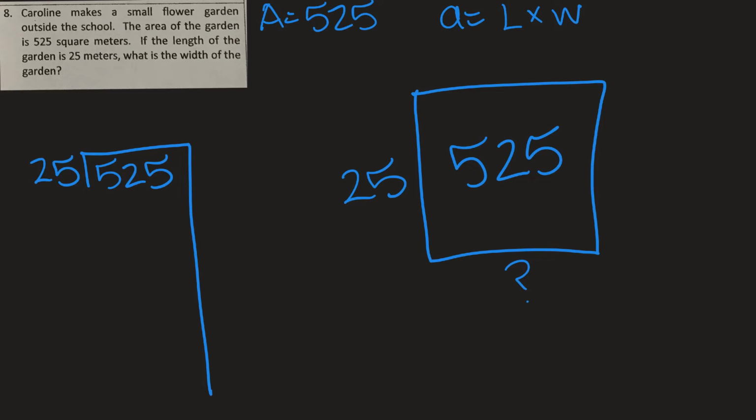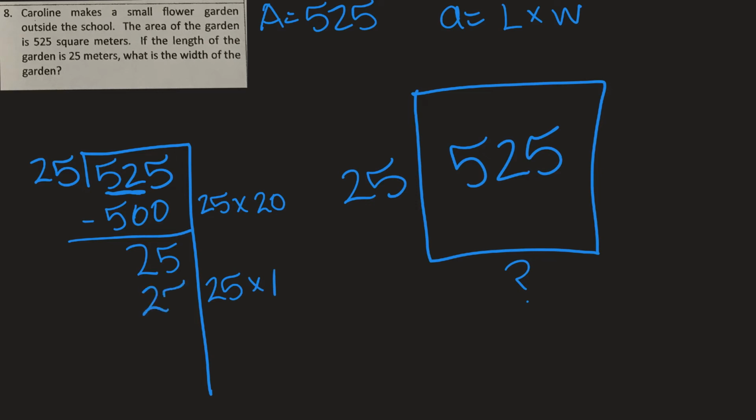Okay, so I know 25 times 2 is 50, and I have 52 right here. So I'm going to try 25 times 20, which would be 500, and I'm going to subtract. There's 25 left, so I know I can take one more group of 25 out and get 0.